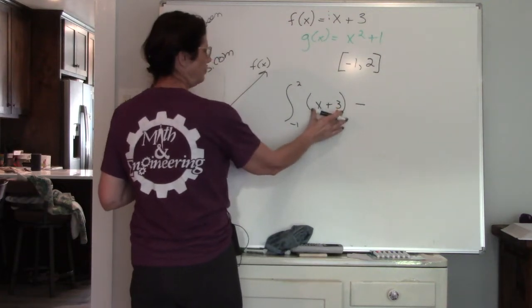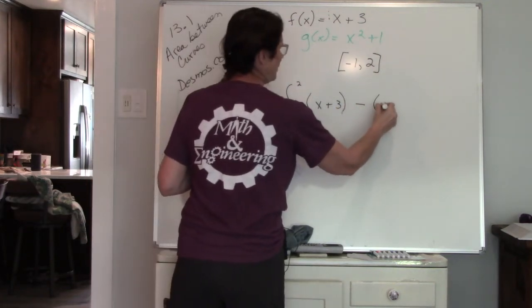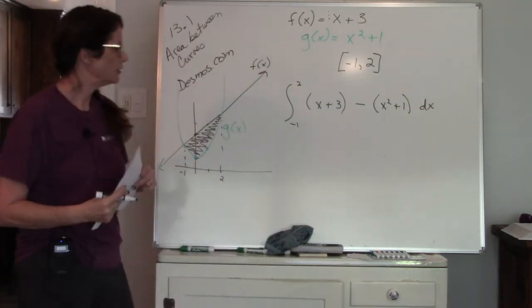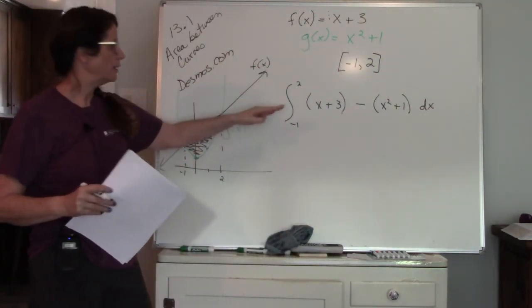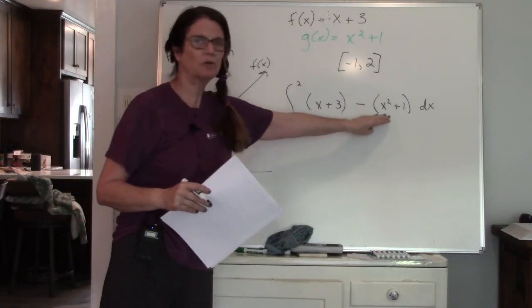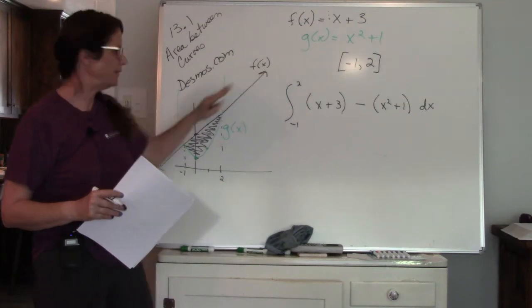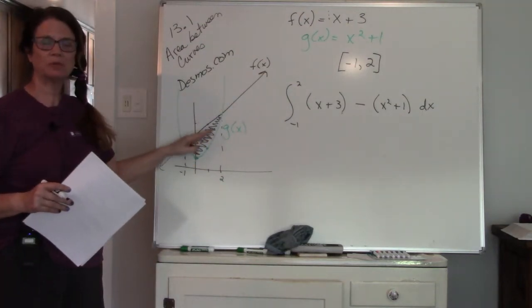This is my f function minus my g function in terms of x. So here's my definite integral: the upper function minus the lower function evaluated between negative 1 and 2. That's going to give me the area between the two curves.